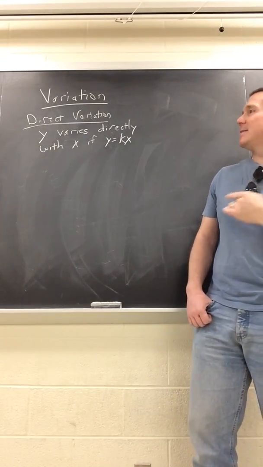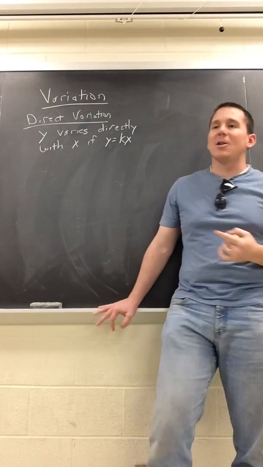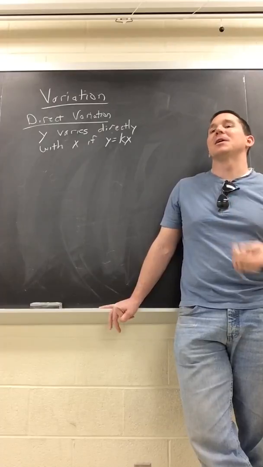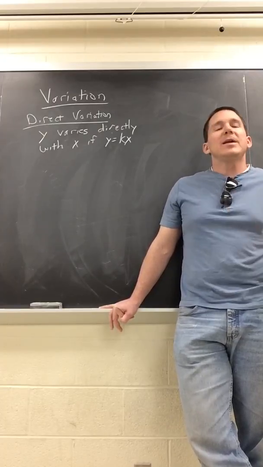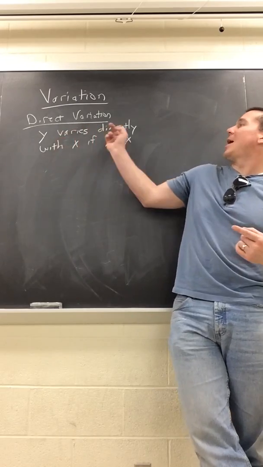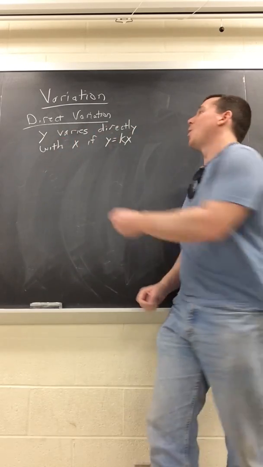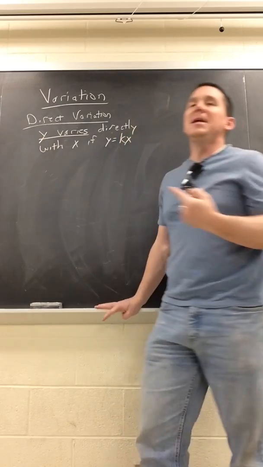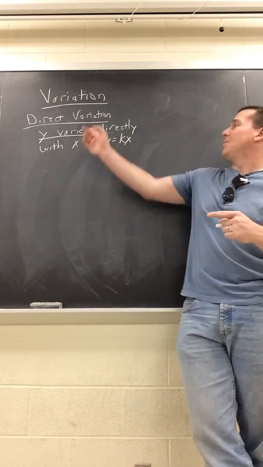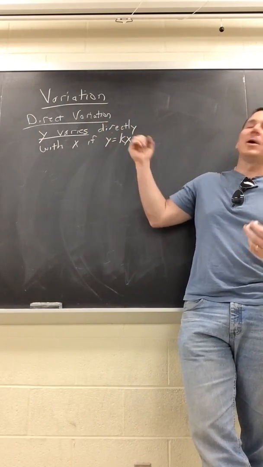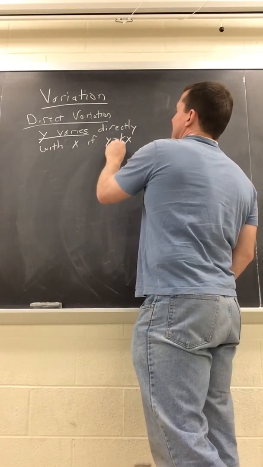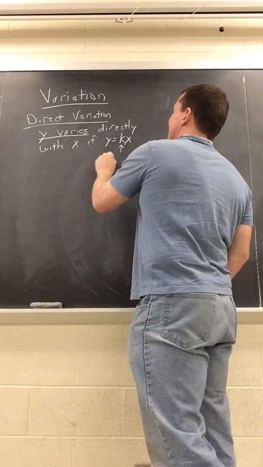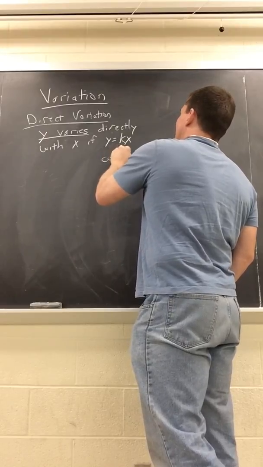And the idea is when you're reading a problem, and we'll look at a lot of applications, and you'll do a lot in your book for homework, as soon as you see y varies, you immediately get an equation. And when you have varies directly, your equation is y equals kx. x and y are your two variables. k is actually a constant, and it's called the constant of proportionality.